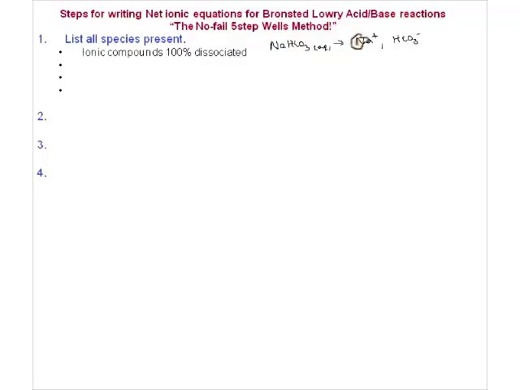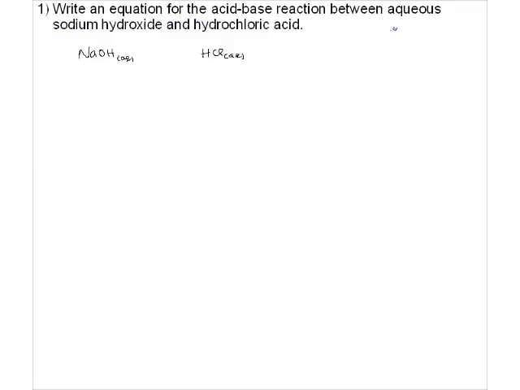These are really going to exist as sodium ions and bicarbonate ions. So when I look at my example, that's an ionic compound. Sodium hydroxide is going to exist as 100% dissociated. So in this test tube, we're really going to have sodium ions floating around and hydroxide ions floating around.